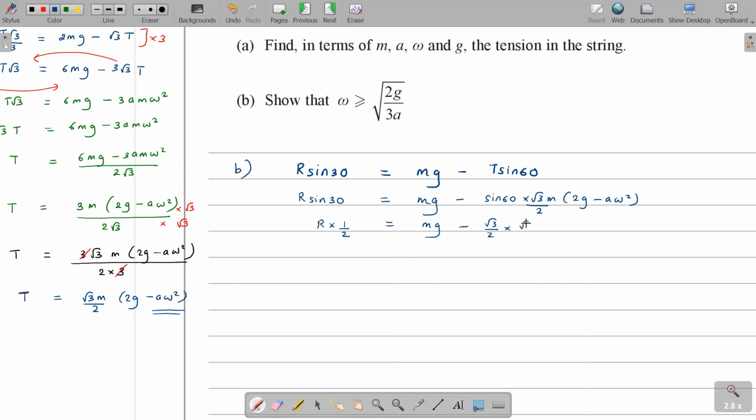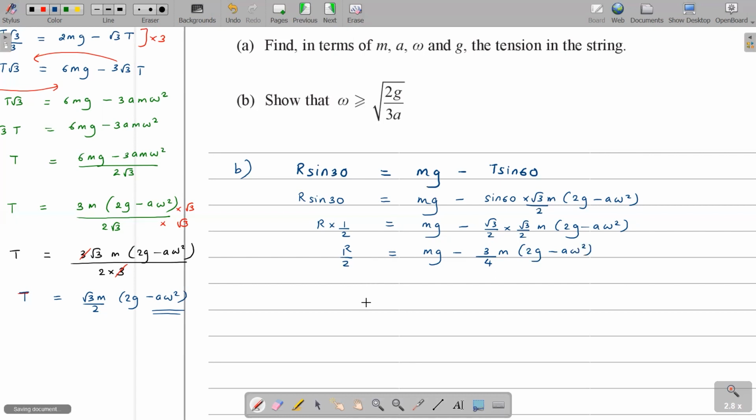Yeah, the root 3 over 2 m times 2g minus a omega square. So simplify here, I get R over 2 equals mg minus, this root 3 is 3 over 4 m times 2g minus a omega square.